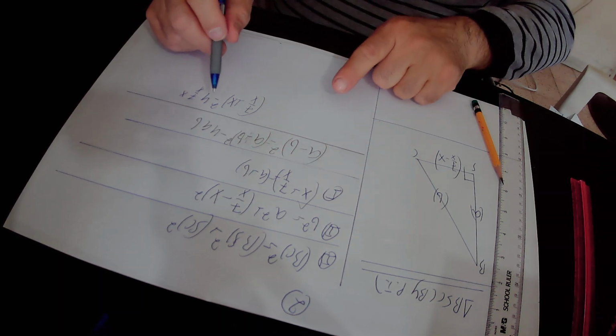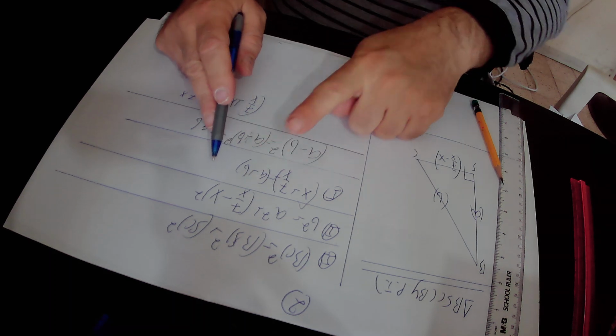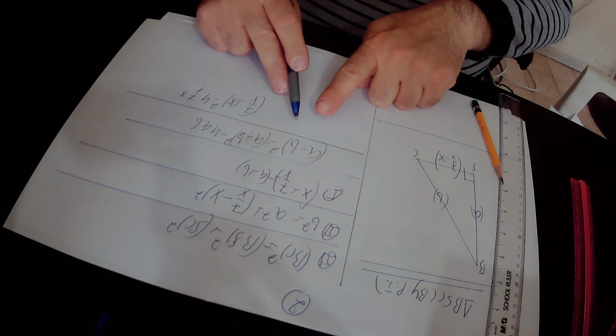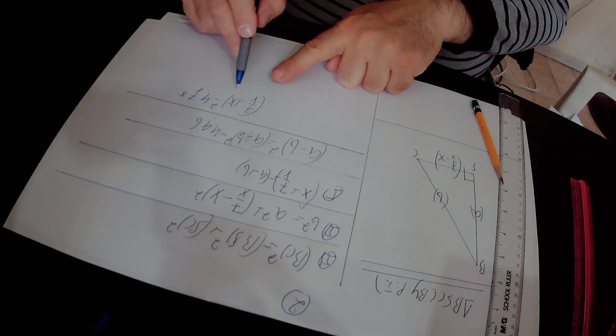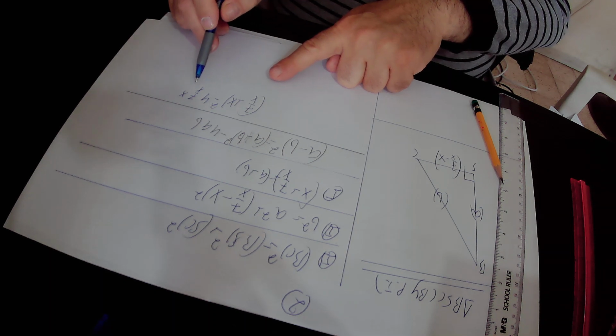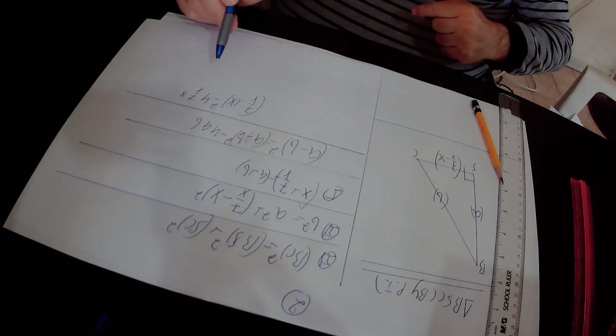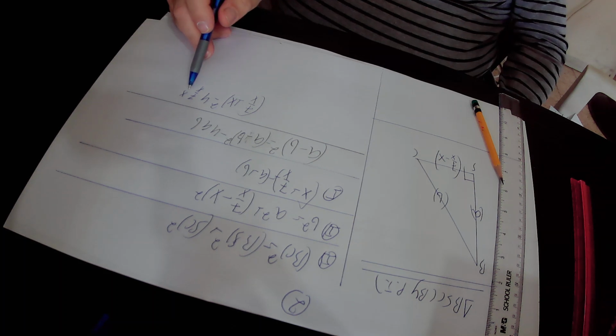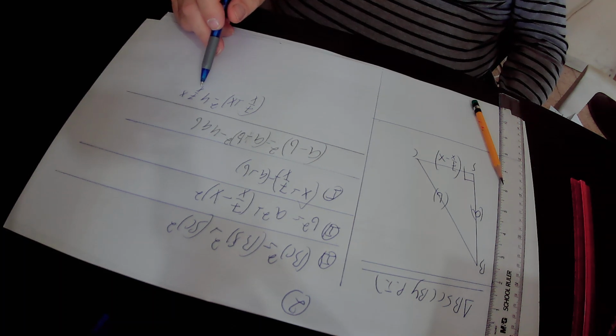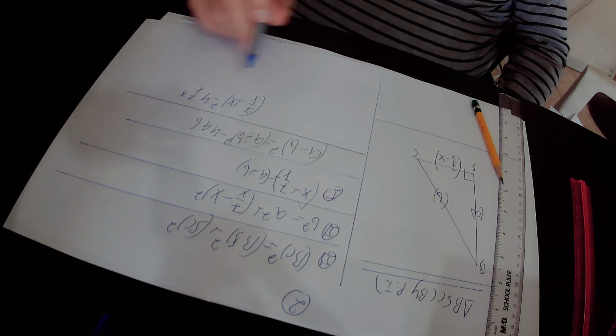So in total, (7 over x minus x) squared equals (7 over x plus x) squared minus 4 times 7 over x times x. Here we have x in the numerator and x in the denominator, so x will get cancelled.